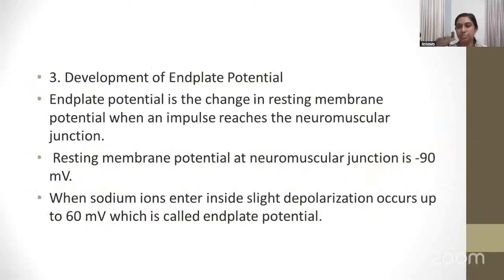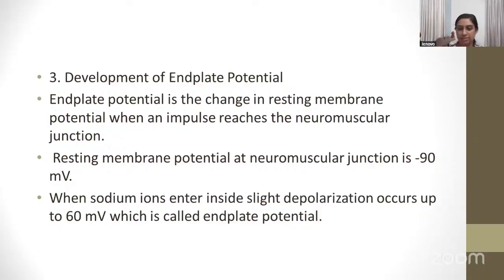So the next step is the development of the end plate potential. The end plate potential is the change in the resting membrane potential when the impulse reaches the neuromuscular junction. When acetylcholine is released, it binds with the receptor. It causes the ligand-gated sodium channels to open and sodium enters the cell and raises the resting membrane potential.